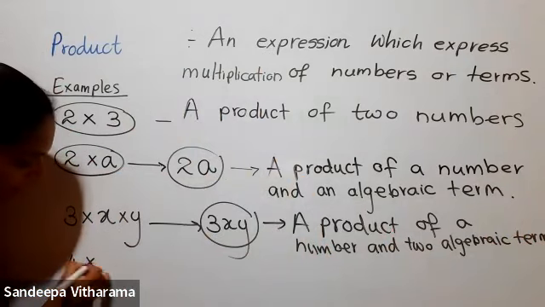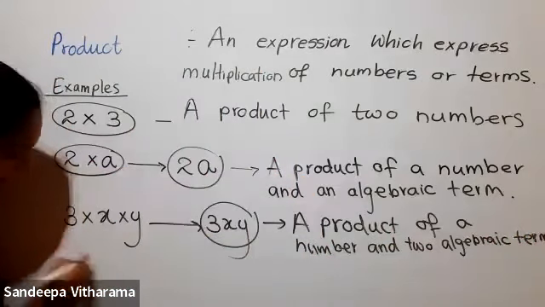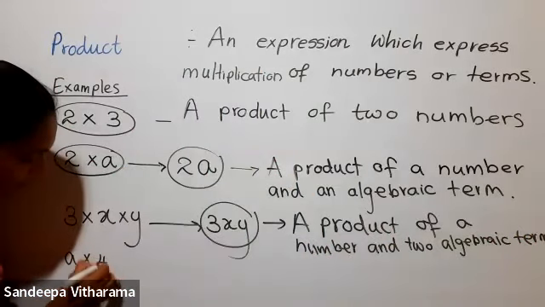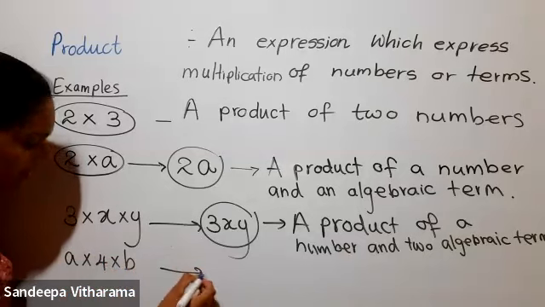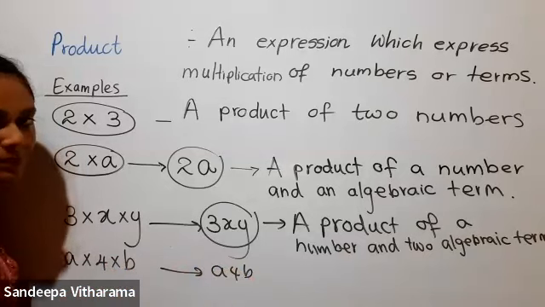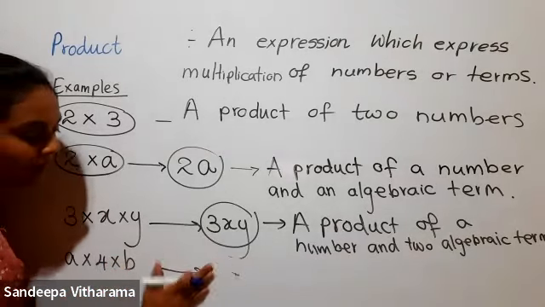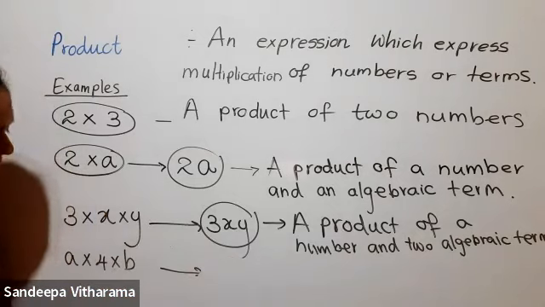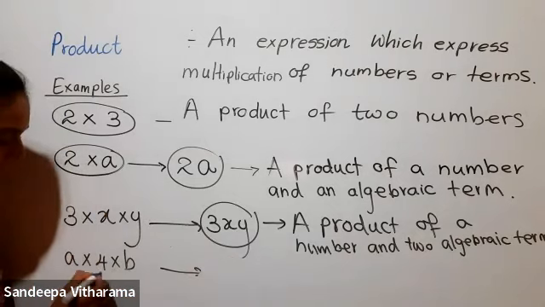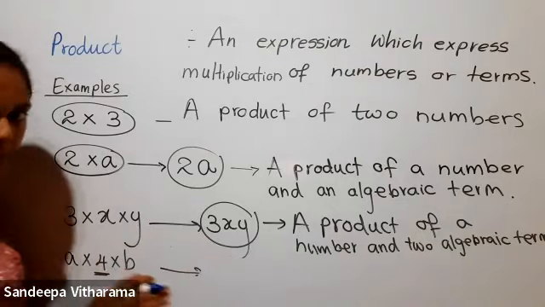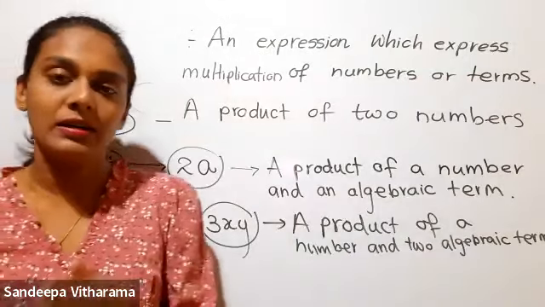Then look at this one: 4 into a, a into 4 into b. Do we write it as a4b? No. Here we have to give priority to the number.